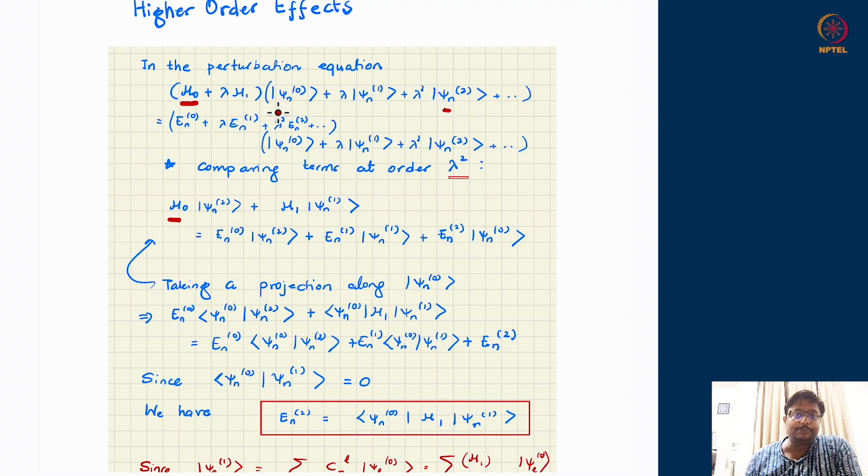One more possibility is that lambda times H1 hits this, so then again I will get a lambda square term with H1 acting on the psi n1 term. So again we can see that on the left hand side these are the two possibilities. Either H0 acts on psi n2 or H1 acts on psi n1. So an order lambda square term can be generated only in this way from the left hand side.